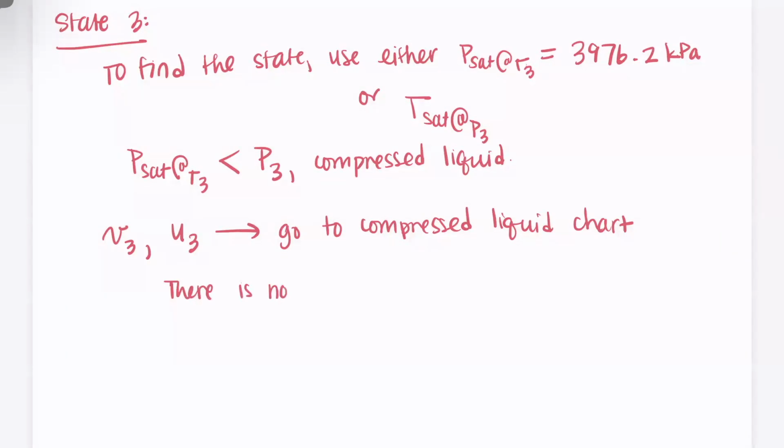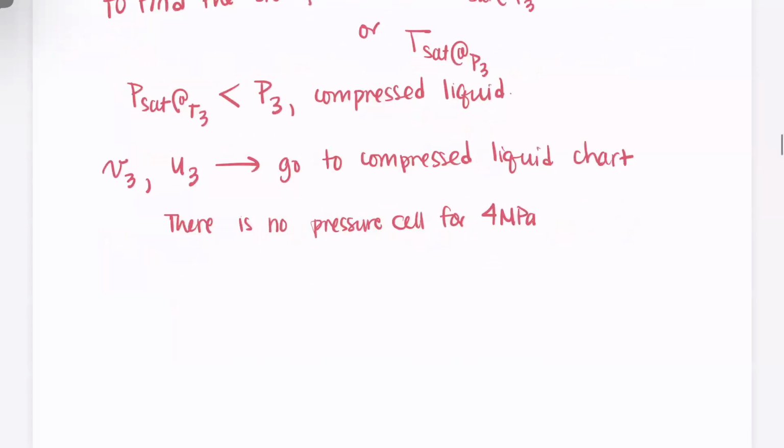There's an approximation we can make. So we're gonna approximate. So we do that V3 is approximately equal to VF at T3.